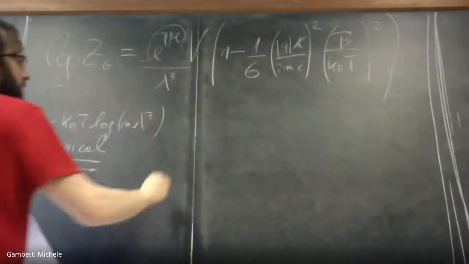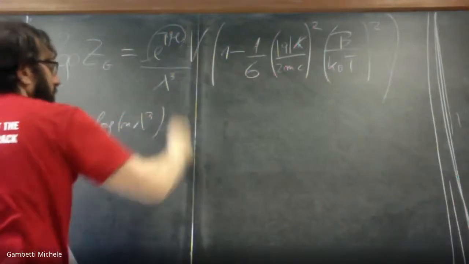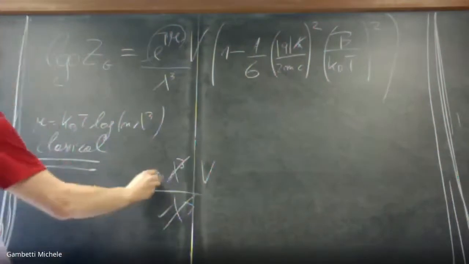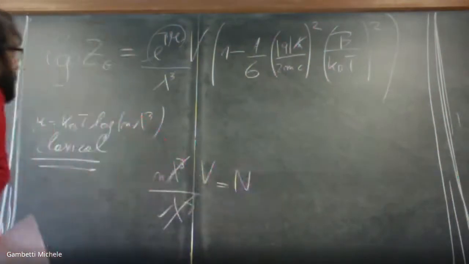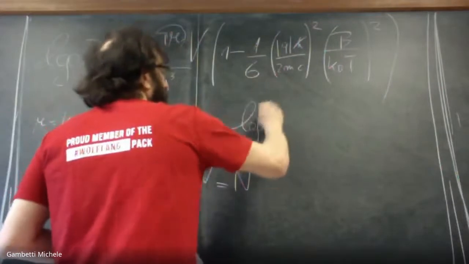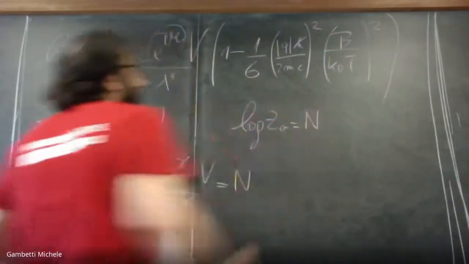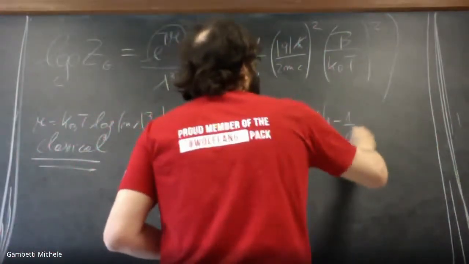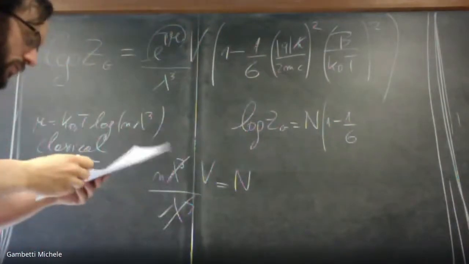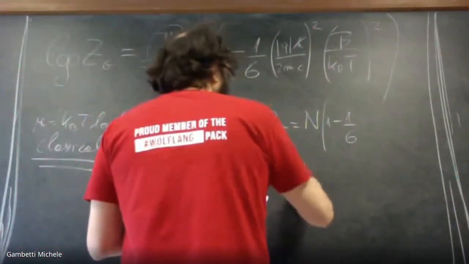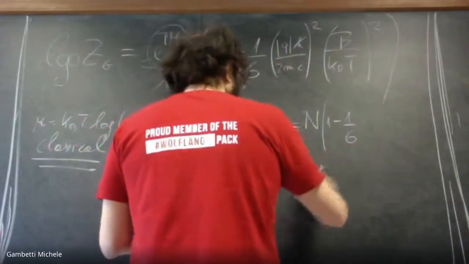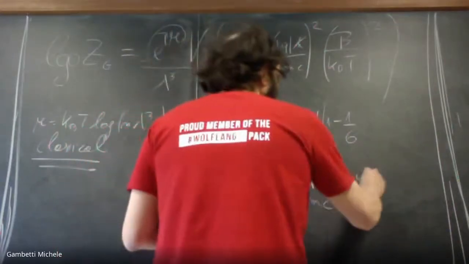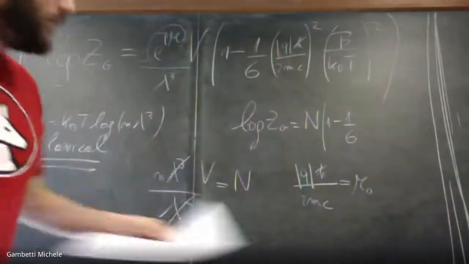Therefore this is just n λ³ times the volume divided by λ³. The λ goes away, and n times V is N. So the log of the grand canonical partition function is N, the number of particles. Then I have 1 minus 1/6, and let me introduce a quantity which is q ħ divided by 2mc. And since you are young, you might remember the name of this quantity.